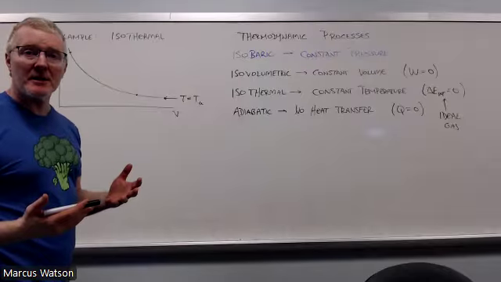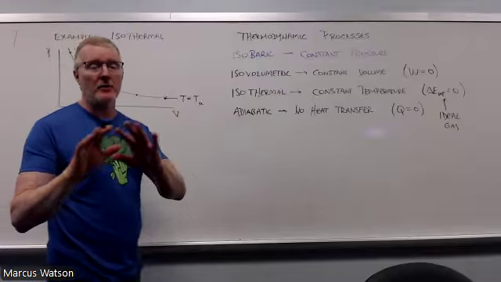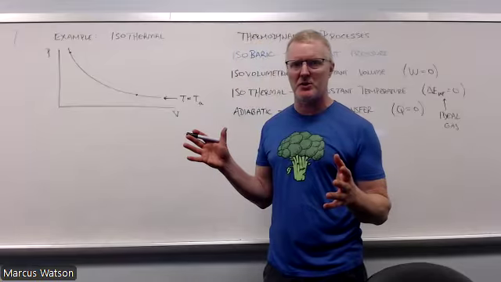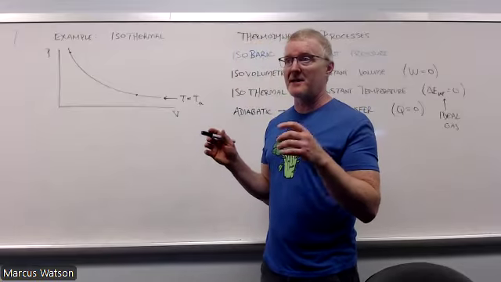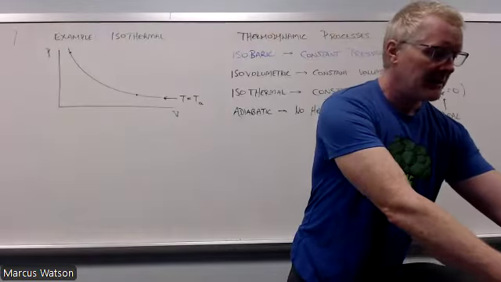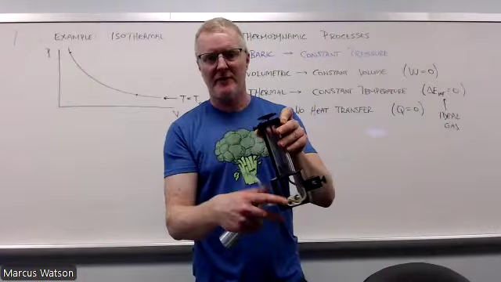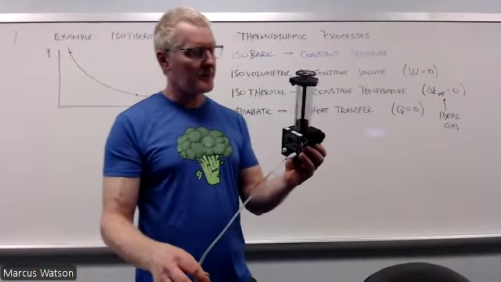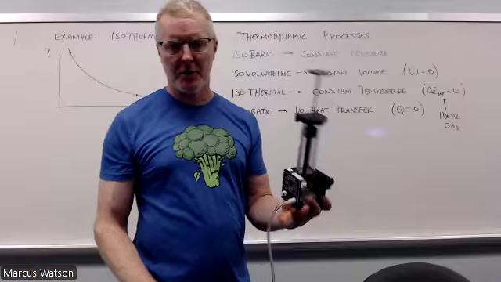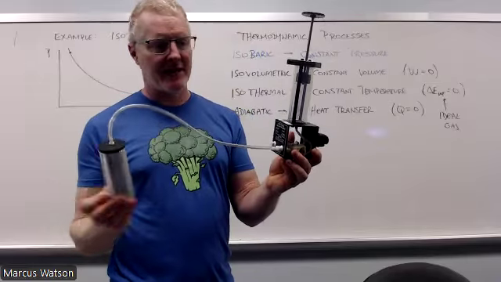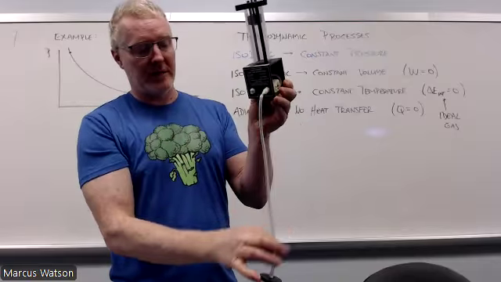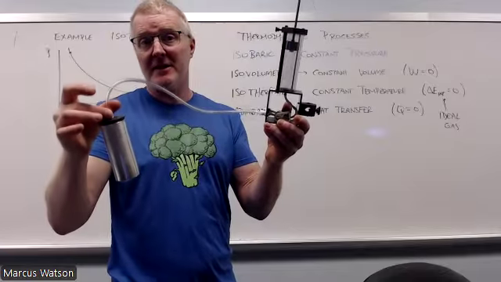We also have a constant number of, and by the way, maybe I've said this, but in most of these situations, we are assuming that the amount of material is staying constant. And what that comprises is that we have basically a closed system. So if you look at this situation here, I've got a piston and a cylinder, and it's hooked to this canister. The amount of air within the cylinder, within the tubing, and within the canister is fixed.